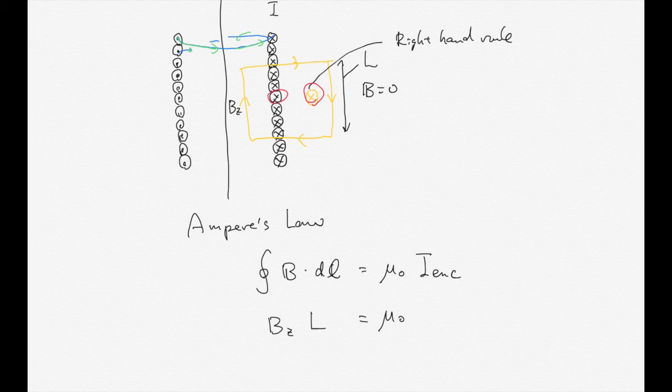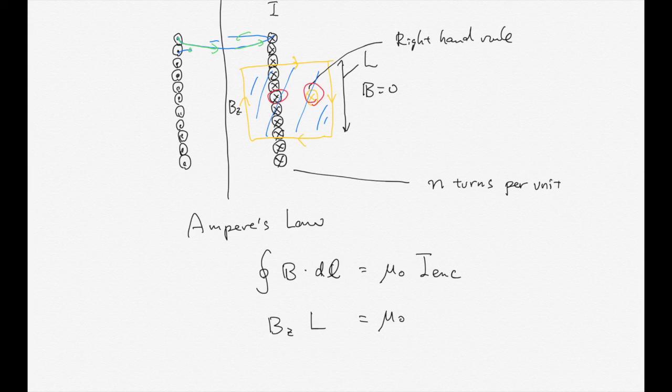Then you should count the number of currents passing through this area. You need to find out how many turns of the coil per unit length.